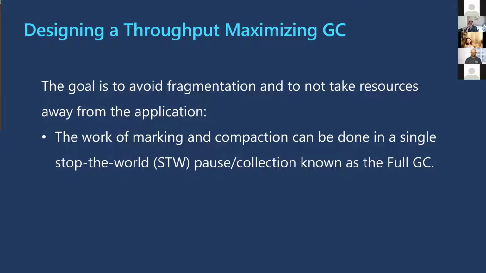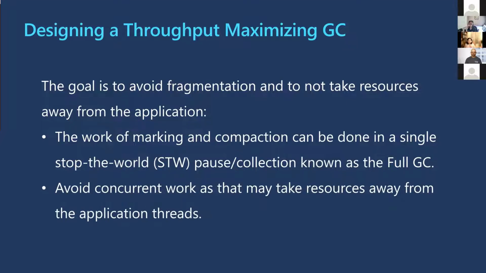So now from a GC perspective, to know what objects are live and what are dead is very difficult, and it gives rise to more overhead, okay? So the goal of a throughput collector is to minimize those overheads. So we want to make sure that we are reducing fragmentation and we are not taking any resources away from our application.